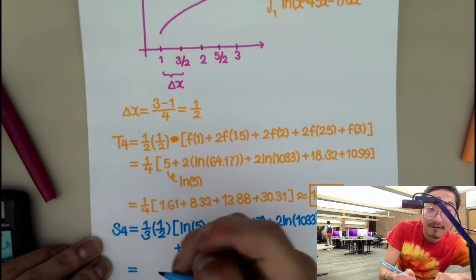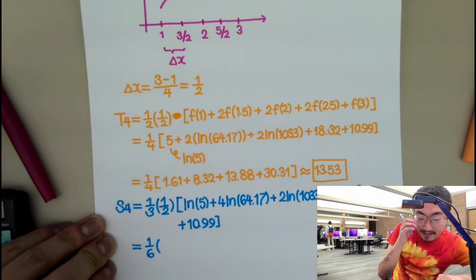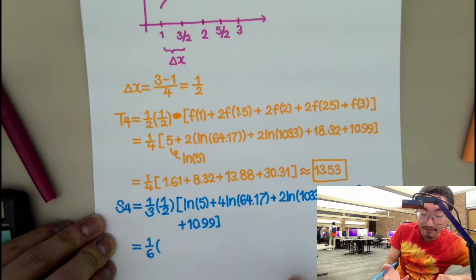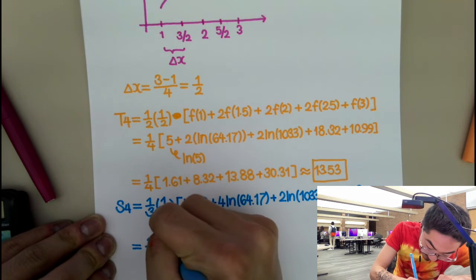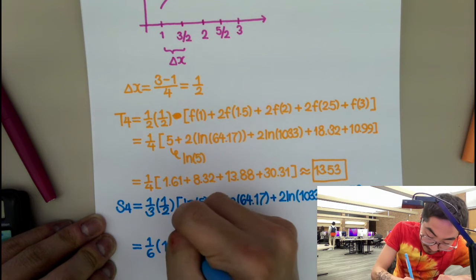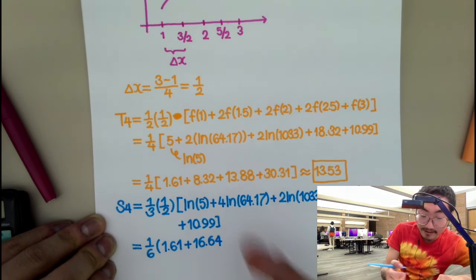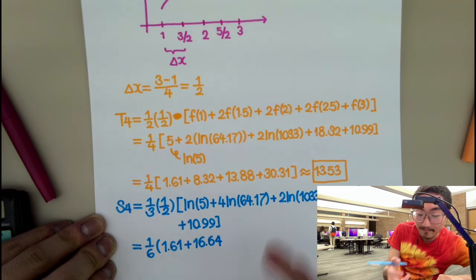So it's going to be 1 over 6 times the natural log of 5, which is 1.61. Then it's going to be 60.64.